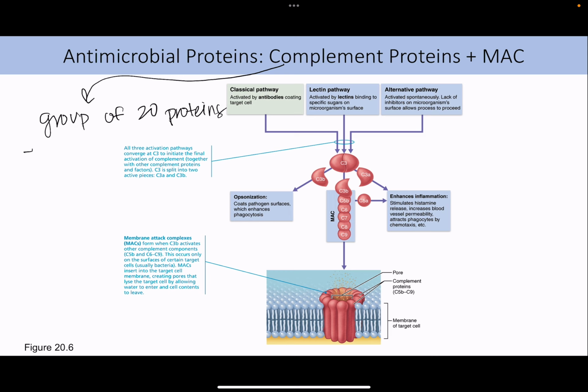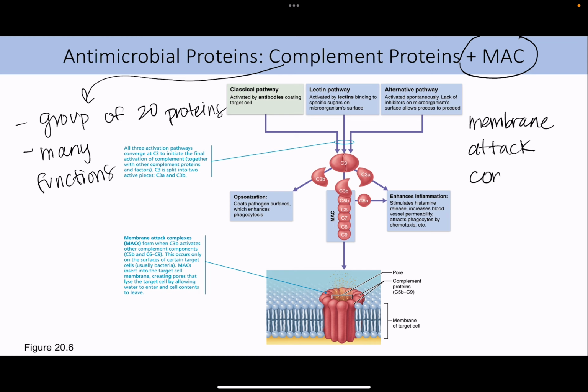And they have many different functions in the immune system. But one of their functions is to produce something called a MAC. MAC stands for membrane attack complex.